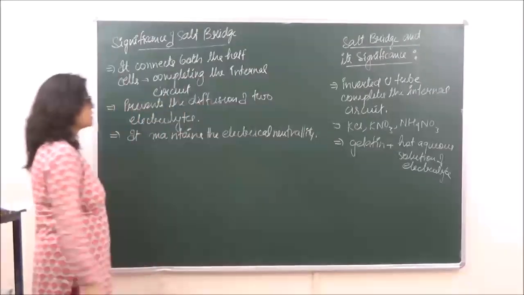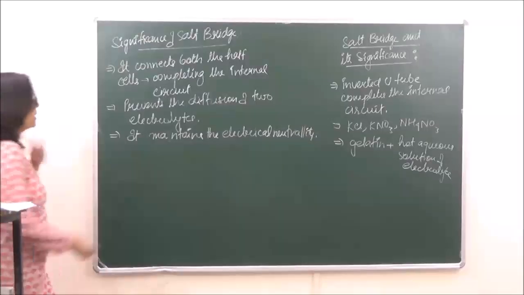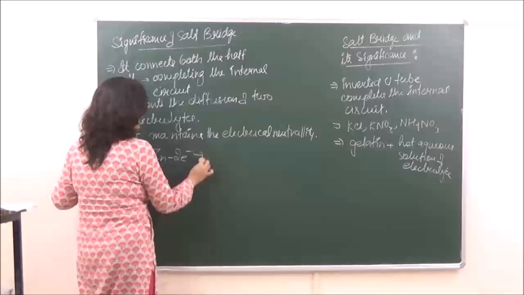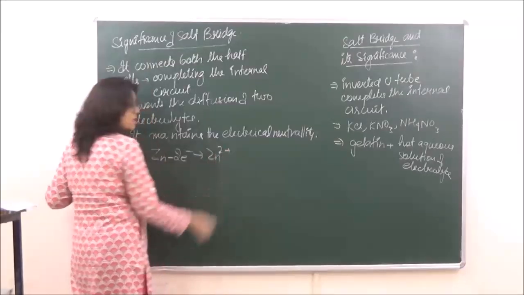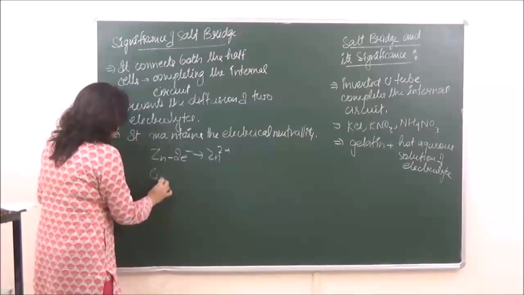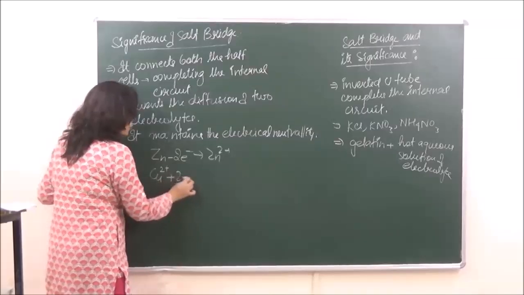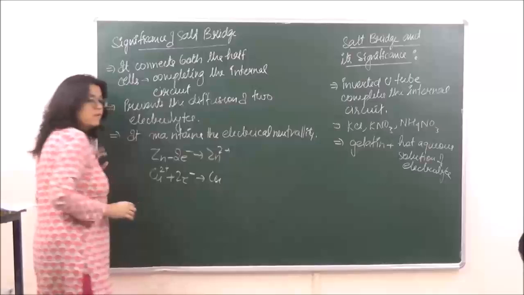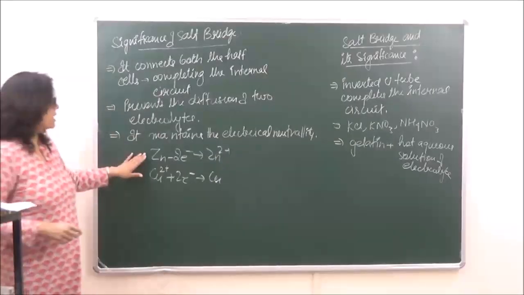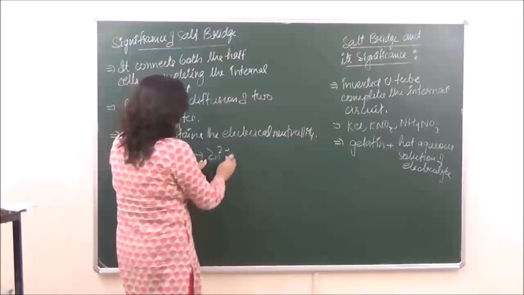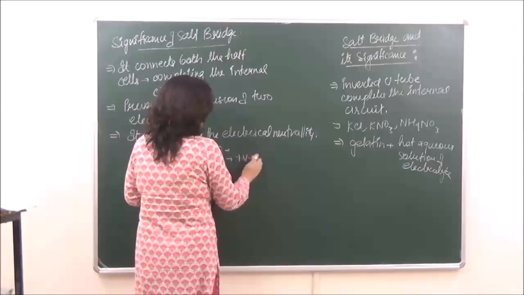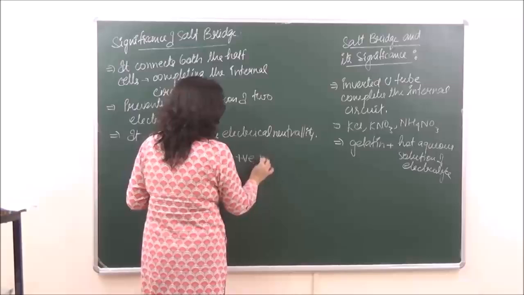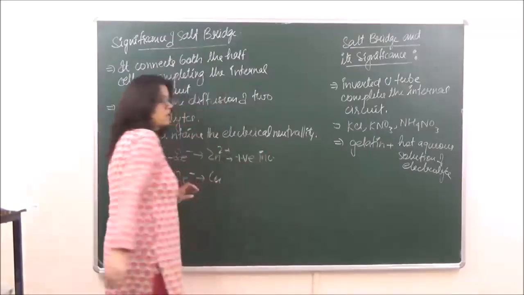Like you had seen in the cell, when Zn is losing two electrons, it enters into the Zn2+ state. Similarly, when Cu2+ is gaining two electrons in the reduction half cell, it gives us copper. Now in the first case, the oxidation half cell, the positive charge in the solution or the electrolyte increases.